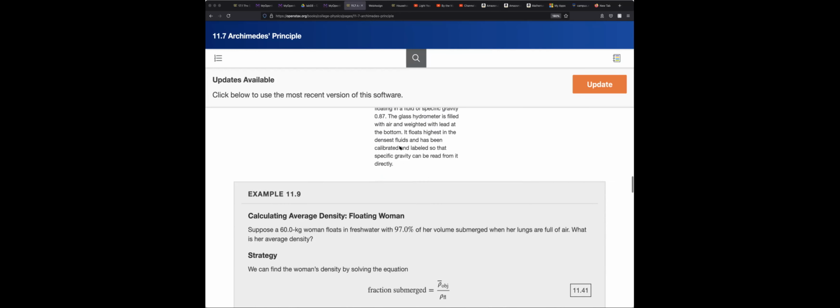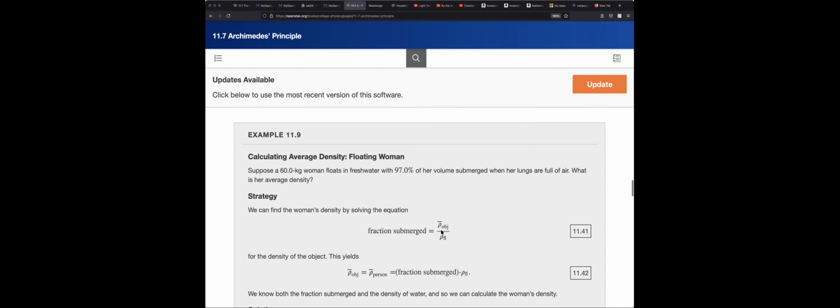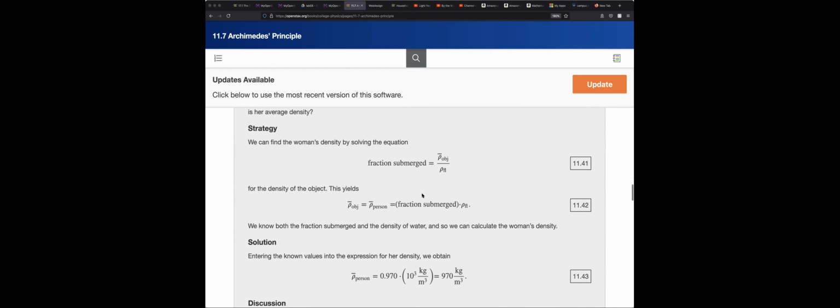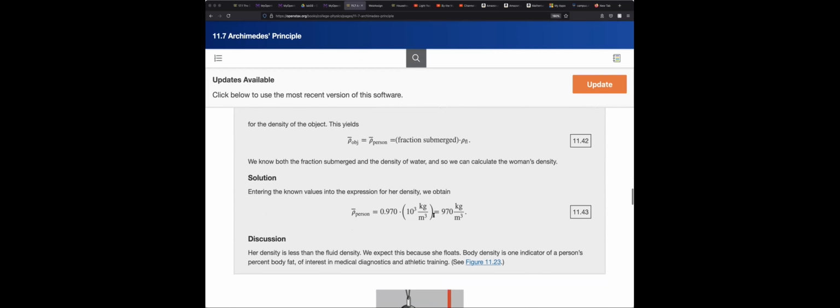So 97% would be 0.97 for the fraction submerged, and that would be your specific density essentially. So they're going to solve for the density of the person, and that would equal the fraction submerged as a decimal, 0.97 in this case, times the density of the fluid, which would be water. And so they go ahead and do that, and they find out that the density is 970 kilograms per meter cubed.